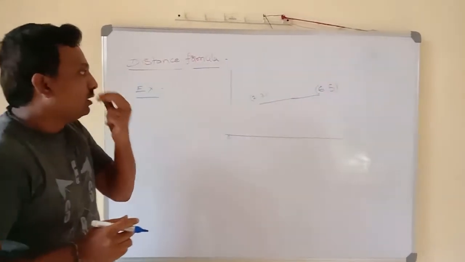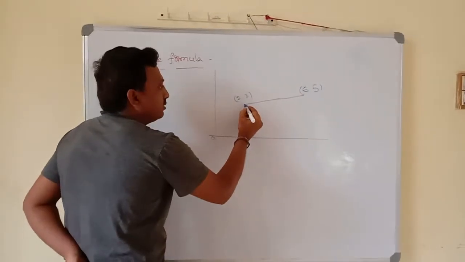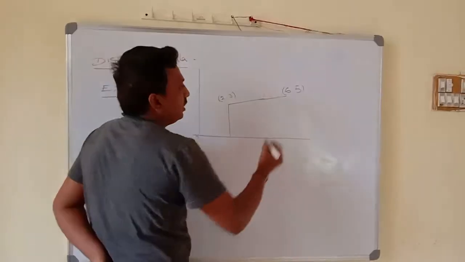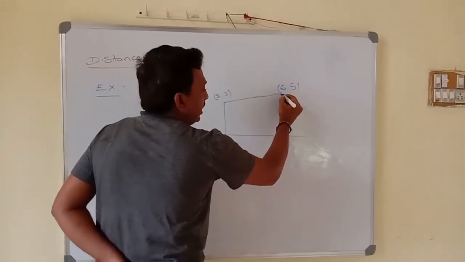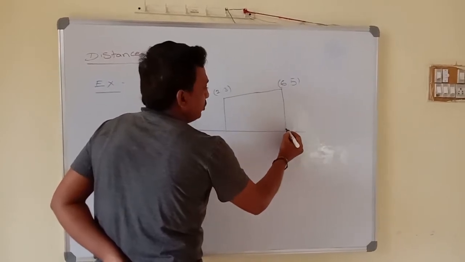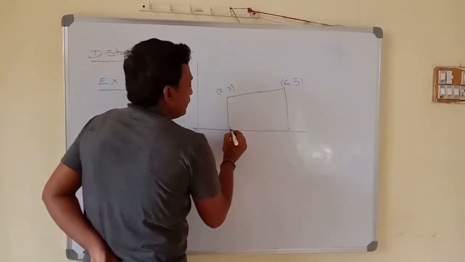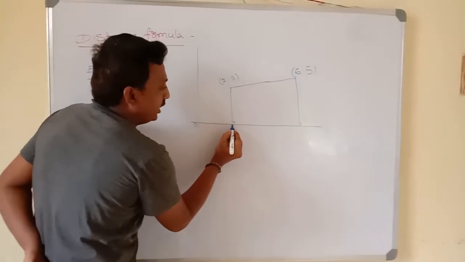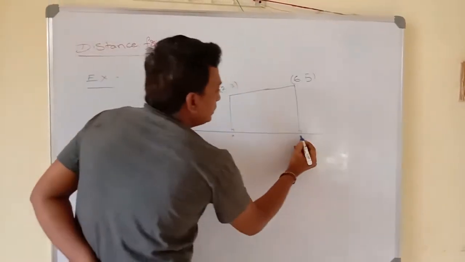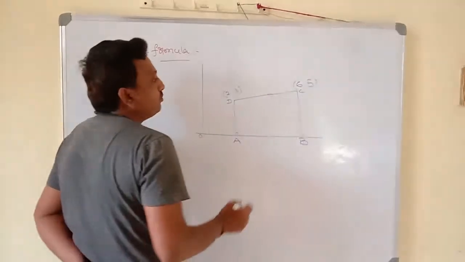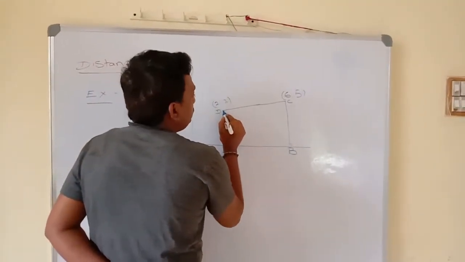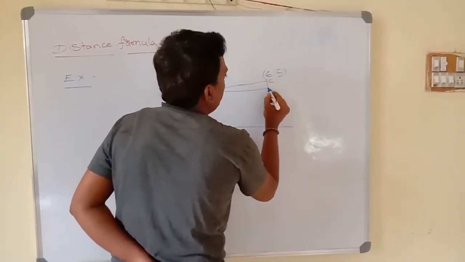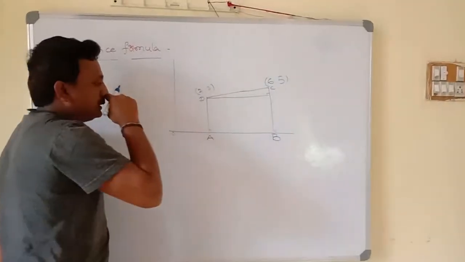Then draw a line perpendicular to the x-axis from (2, 3), and also from (6, 5) draw one more perpendicular line to the x-axis. Let us call these feet A and B. Here, draw one more perpendicular line from C to D. Observe this.